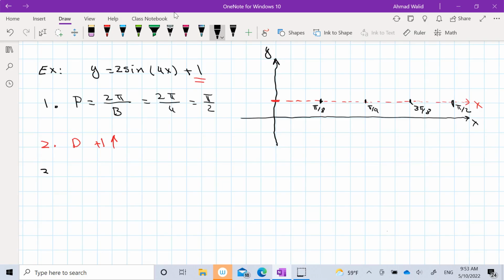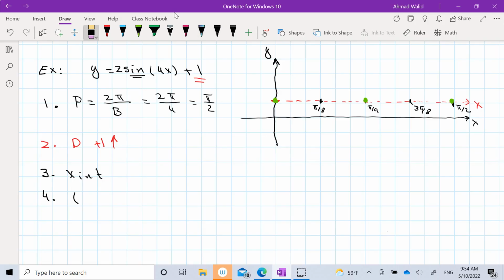Now, step number 3 was mark your x-intercepts. You are dealing with sine, correct? The zeros of the sine were at the end, here, and here, and also the center. Remember from the previous lecture? Step number 4, multiply your key points. The key points for sine are at the quarters, correct?